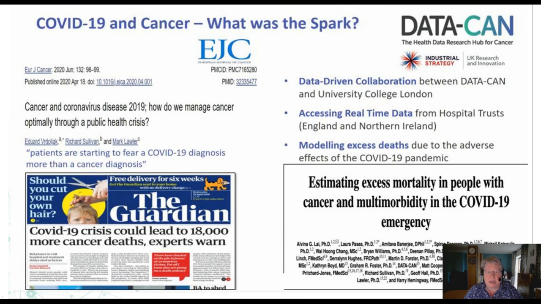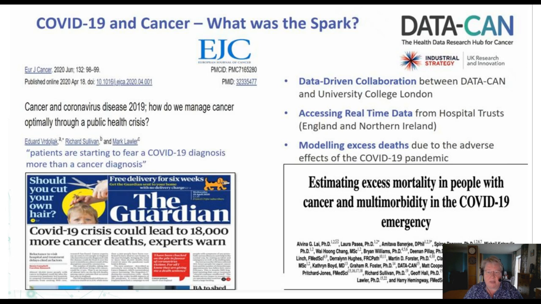In particular, our focus from a DataCan perspective was to look at the effect of COVID on cancer patients, whether those were already pre-diagnosed or not yet diagnosed with cancer, and what the delays and potentially the excess mortality was.